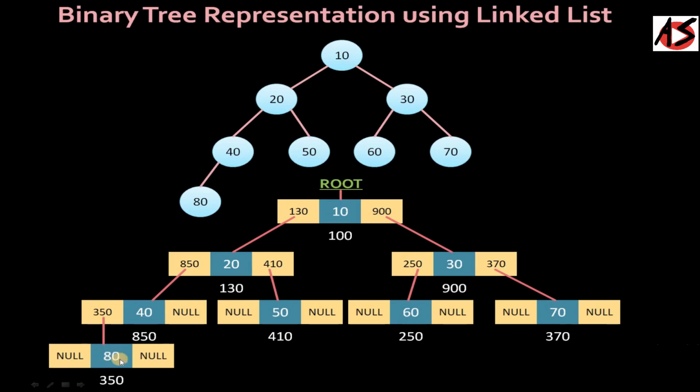Suppose you want to add an element beyond 40, you can add the element and its address, if it is 350, so you update the left pointer of the parent node and you can connect the new node. So this is all about the linked list representation of a binary tree.